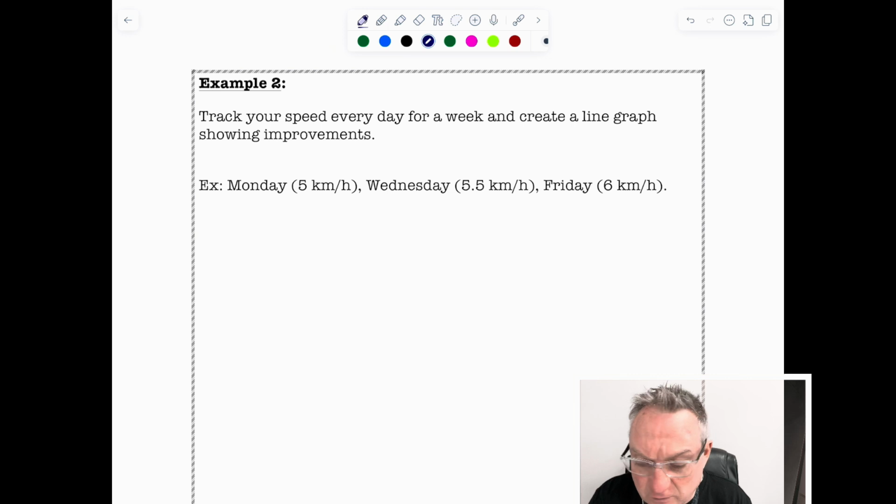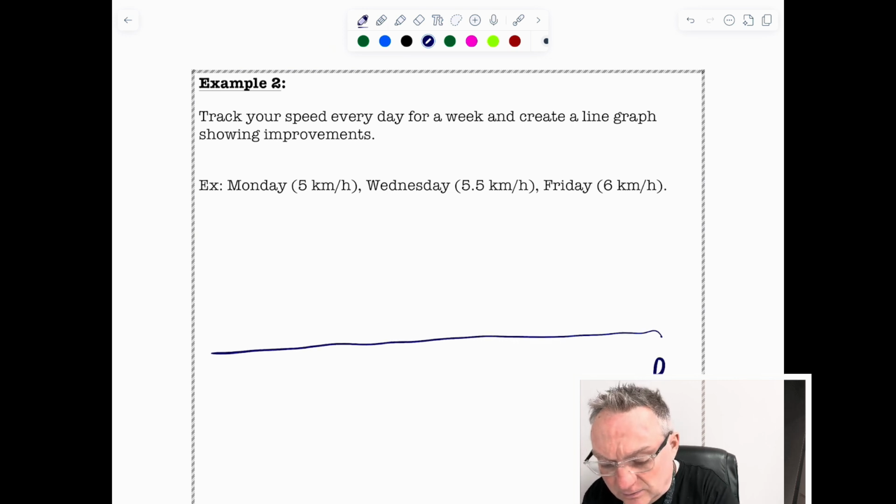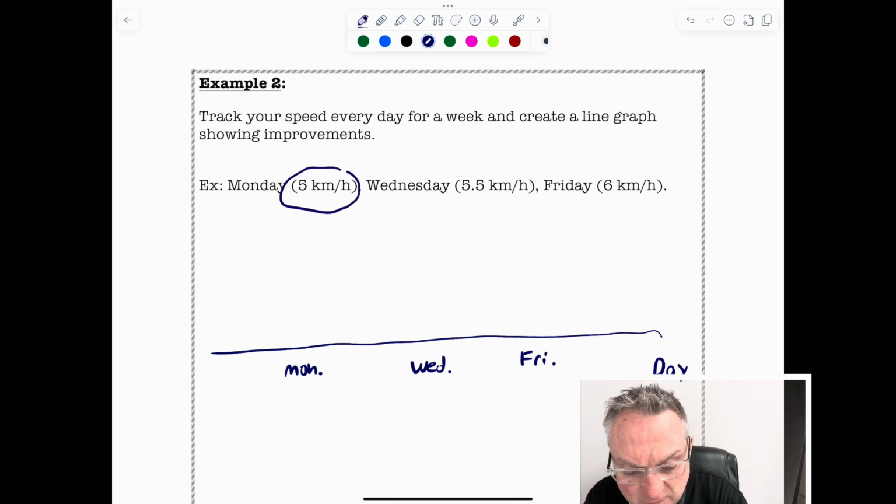We're going to track our speeds for Monday, Wednesday, and Friday using a line graph. So I'm going to have day on this horizontal axis, and I'm going to have Monday, Wednesday, and Friday. And for Monday, my speed was 5 kilometers per hour. So I go 1, 2, 3, 4, 5.